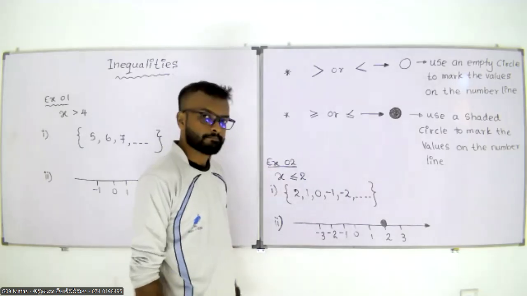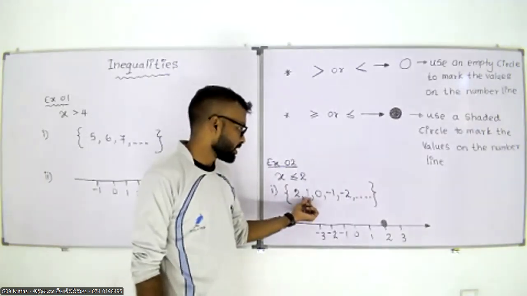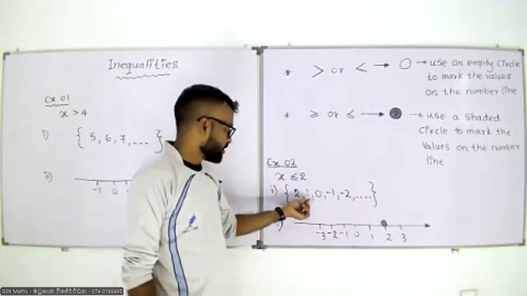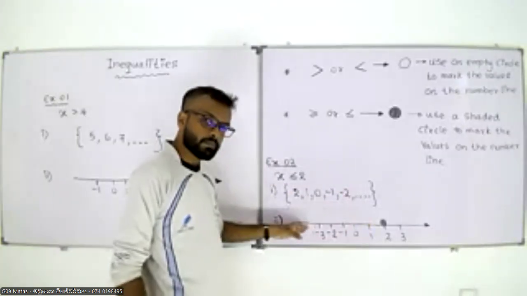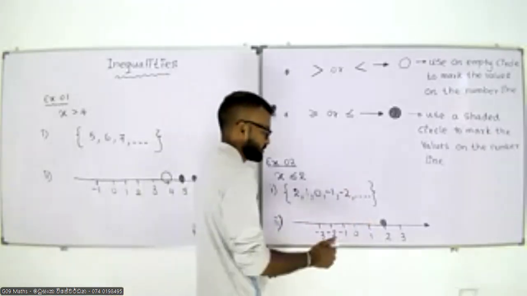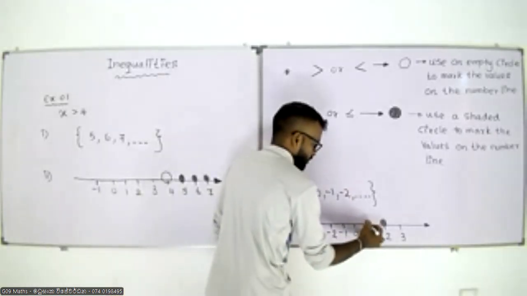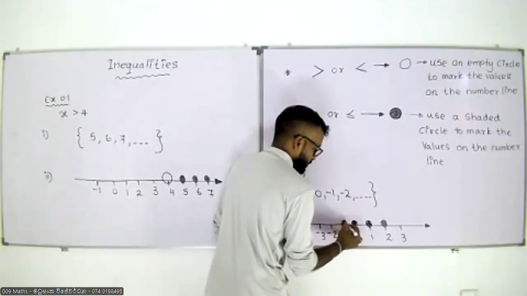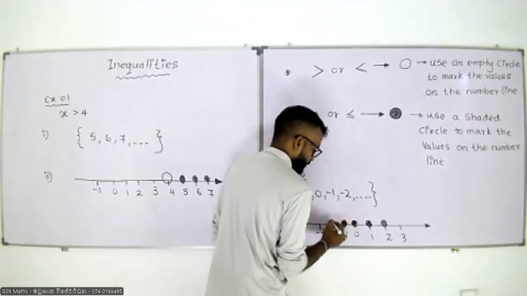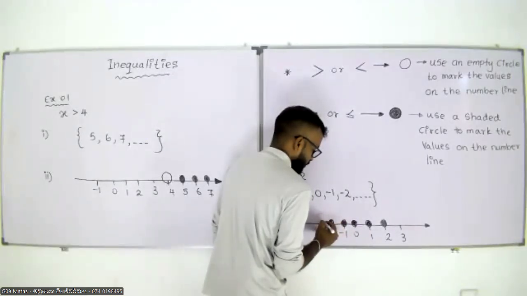Then we are going to mark the other solutions as well: 1, 0, minus 1, minus 2. All the other values are highlighted values, highlighted, highlighted, highlighted.